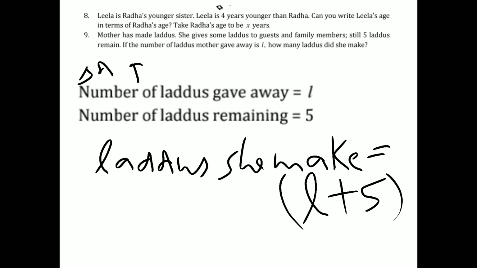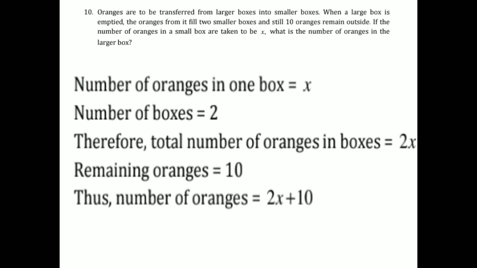Now, next comes question number 10. Oranges are transferred from a larger box into smaller boxes. When a large box is emptied, the oranges from it fill two smaller boxes. Means the total number of oranges is X and the number of boxes this time is 2. Clear?